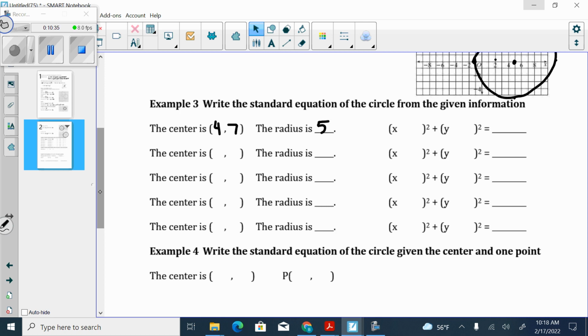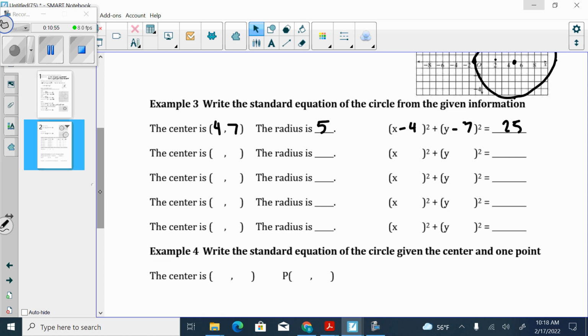So what would our equation for that be? Equals what? Good. Okay, I'm going to finish filling in this column, and I want you guys to fill in the equations, and then we'll check the answers.